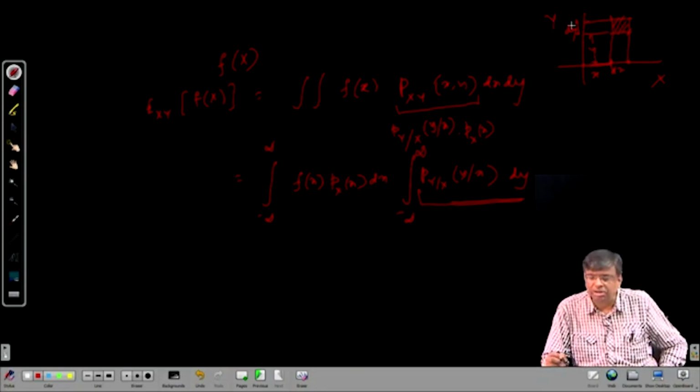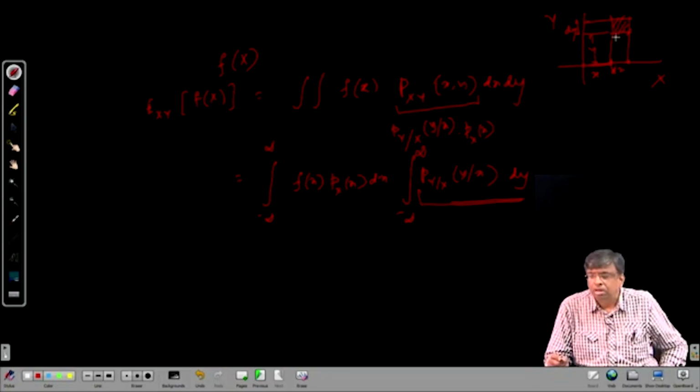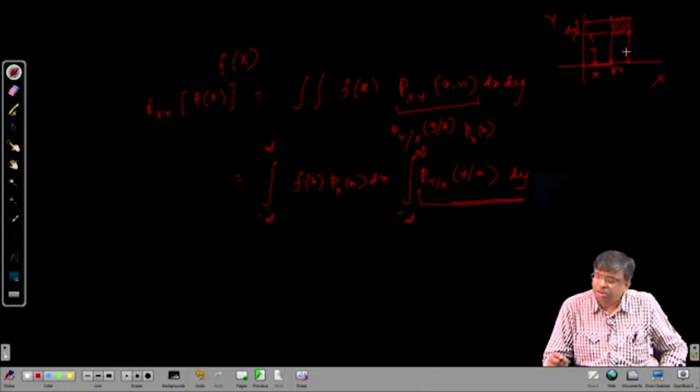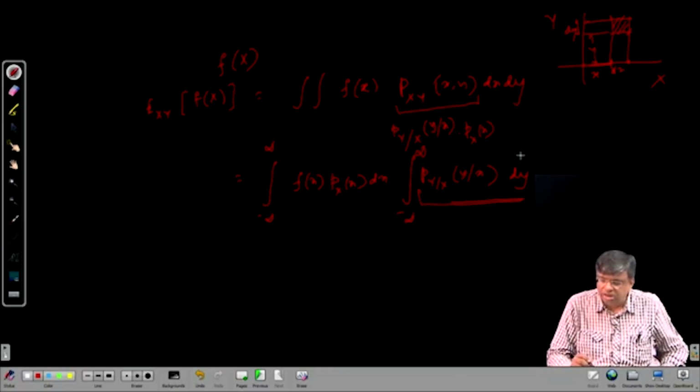So, even with this constraint, the probability is 1, because that is certainty. So, the total probability given by this inner integral is 1.